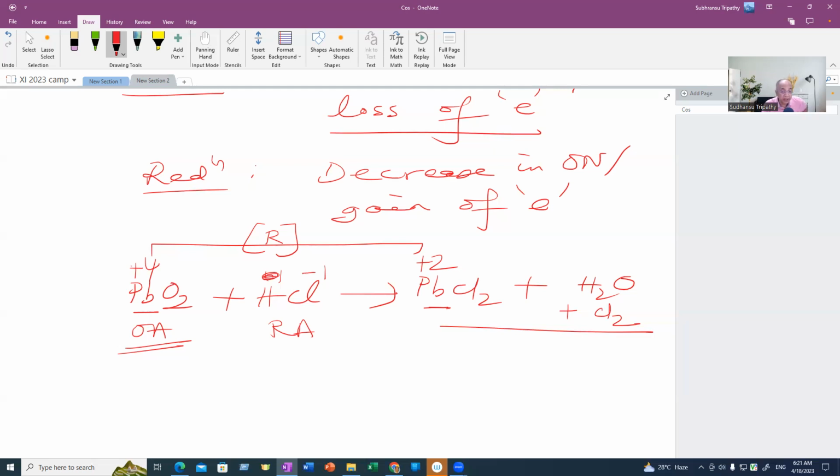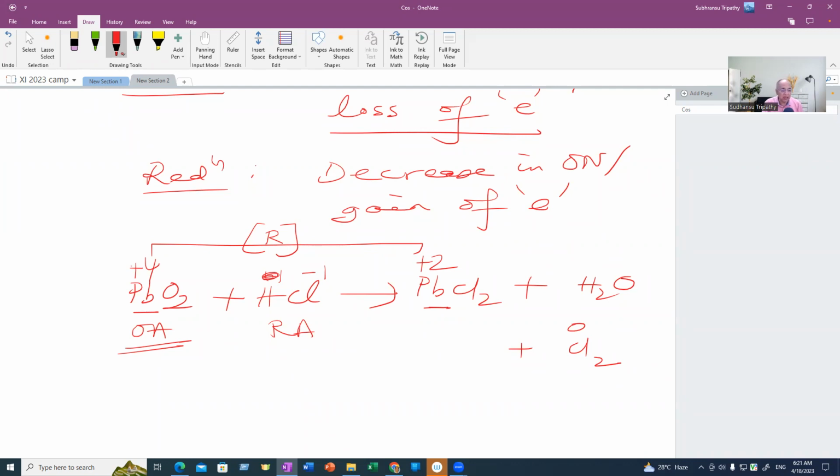So what I was saying is, if this is -1, it will elevate to 0. 0 is the common state. This is just a trick. You should not bother about why it is not going to +1 or +2. Those are the electrochemical aspects that will be done in class 12. I will not tell you now, to avoid confusing your minds, because everything needs the proper state of mind to receive.